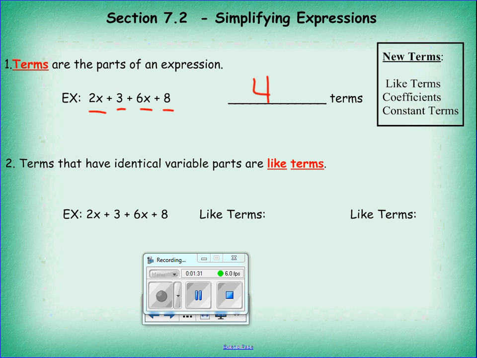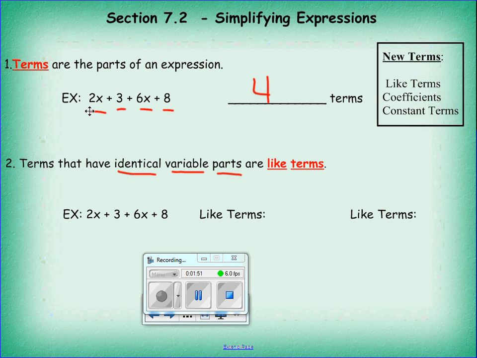Number 2, terms that have identical variable parts are like terms. I'm going to also get you to underline identical variable parts. For example, 2x plus 3 plus 6x plus 8.